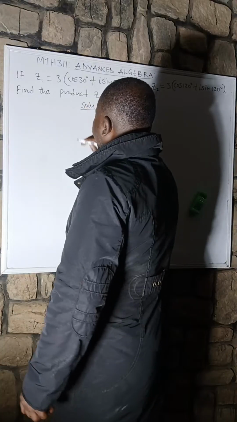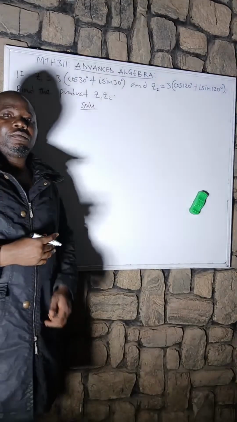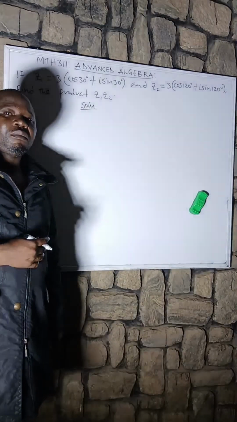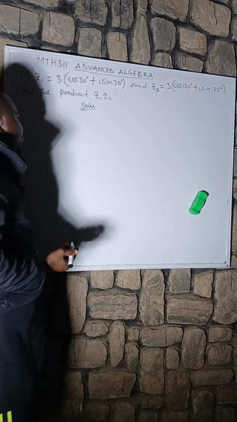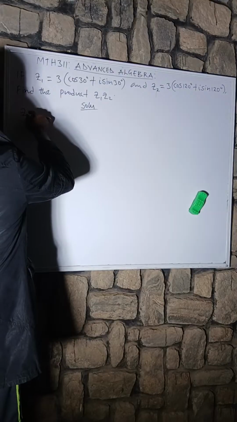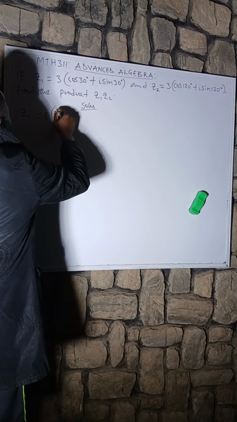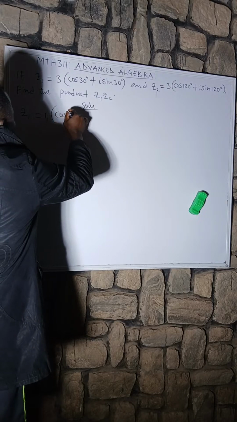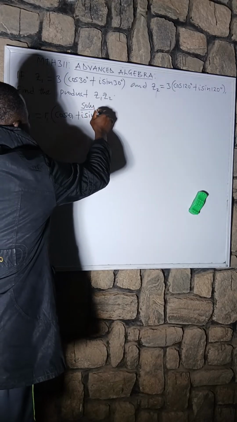Solution. At first, let us recall our polar form. If we have Z1 equals R1, open bracket, cos theta 1 plus i sin theta 1.